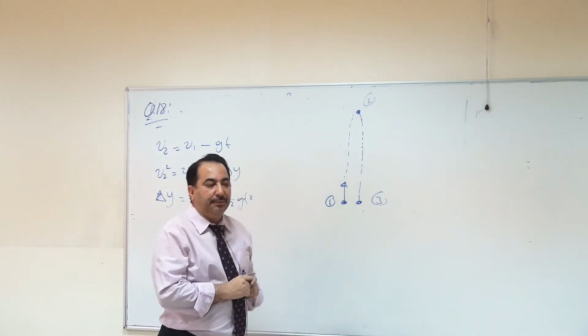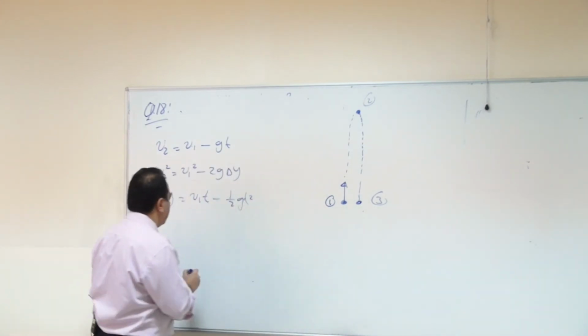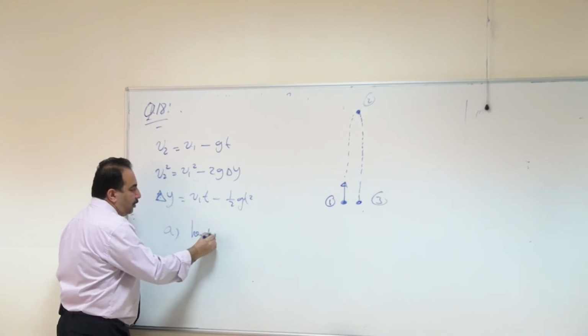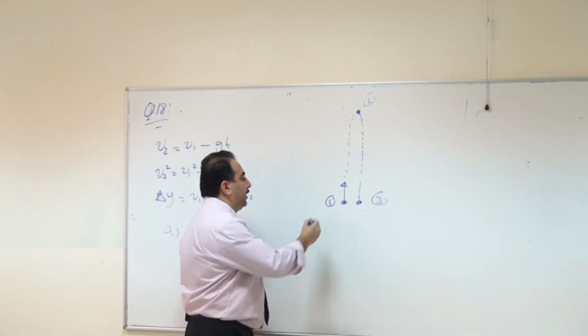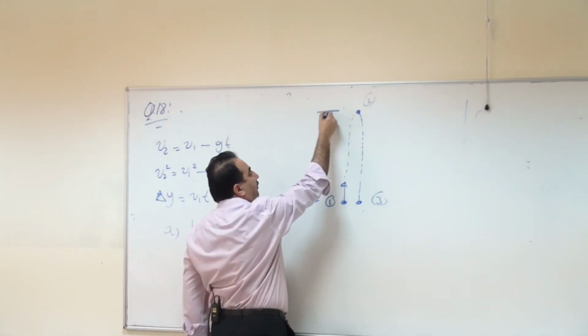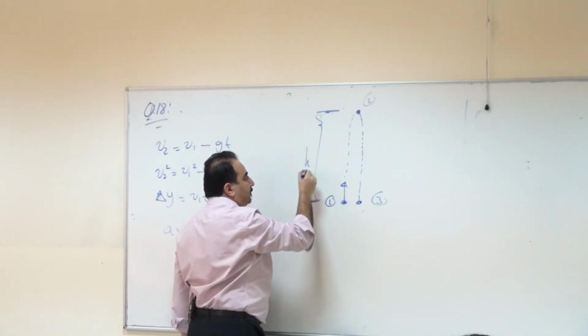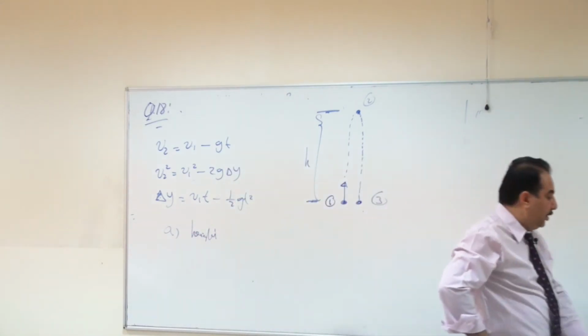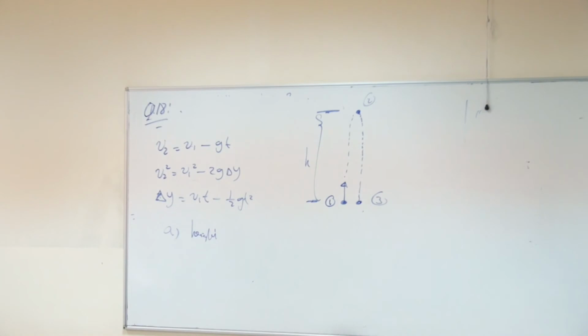Now, what is the first question? Find what? I want the height. Height, where you started here, yeah? Where is the maximum height when it reaches? So you want this one, h, yeah? Now, in a free fall equations, do we have heights or displacements?